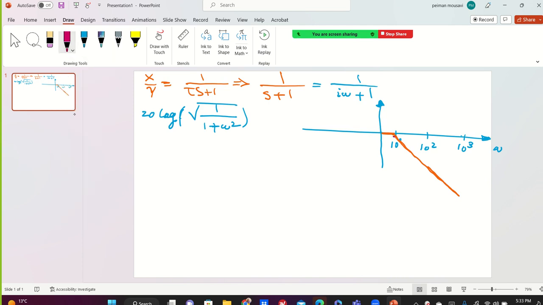You saw that this value was minus 3, and this value was how much? Minus 20, and this value was minus 40, right? So if it's A, I'm plotting A versus omega, we're changing omega.